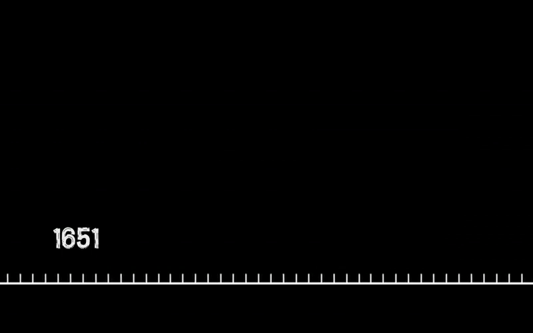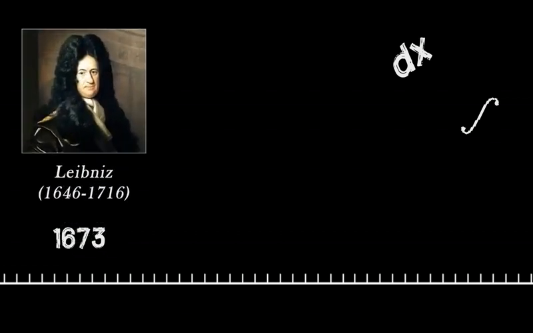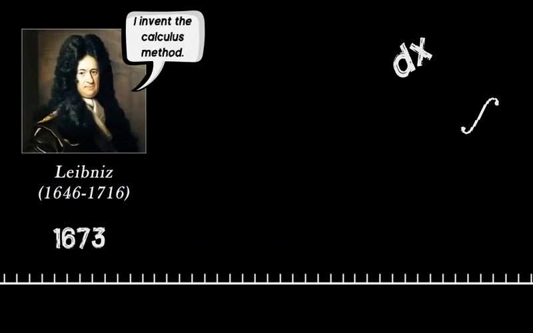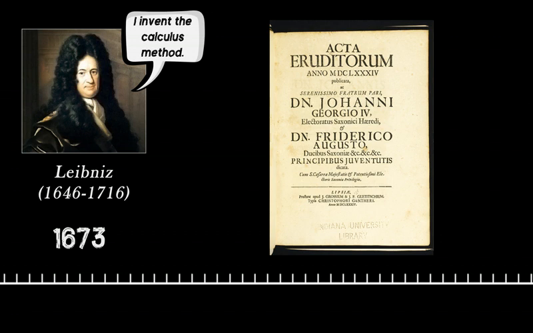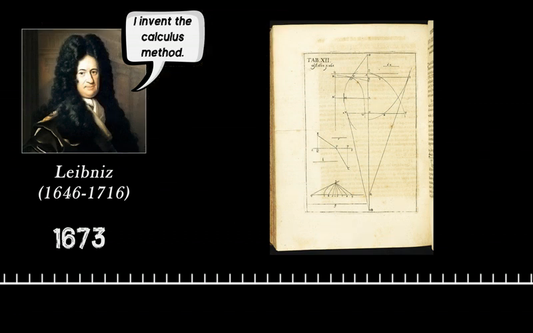The differential notation dx, as well as the integral notation, which are familiar to us today, are adapted from Leibniz, who invented the calculus method in 1673. In his system, differential is described as the difference between two variables, which are as close to each other as closeness can be, while integral is defined as the point-to-point accumulation of differentials.